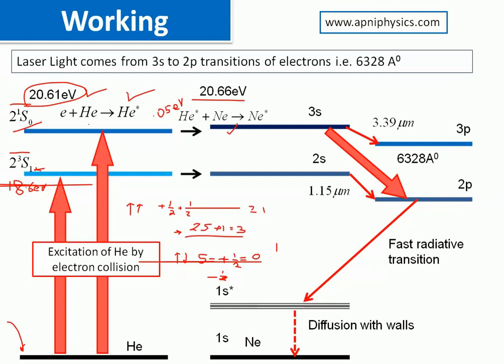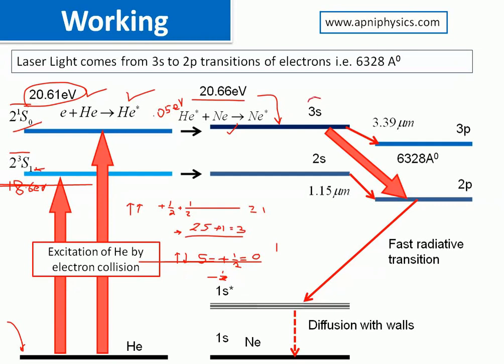This helium atom is in the excited state and it is vibrating, so in addition to 20.61 electron volt, 0.05 electron volt is the kinetic energy of the excited helium atom. So the total energy becomes 20.66 electron volt, and this is the metastable state of the neon atom, right?